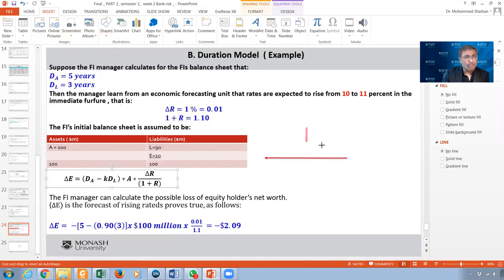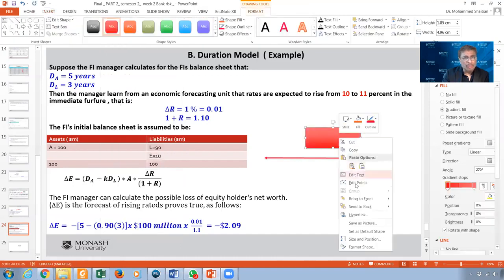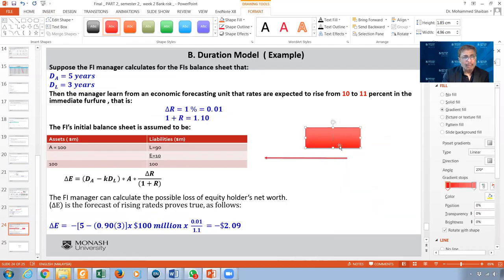Now, if I asked you what is my equity, you will say my equity is actually 10 minus 2.09, which is actually 7.91 or whatever, instead of 10.